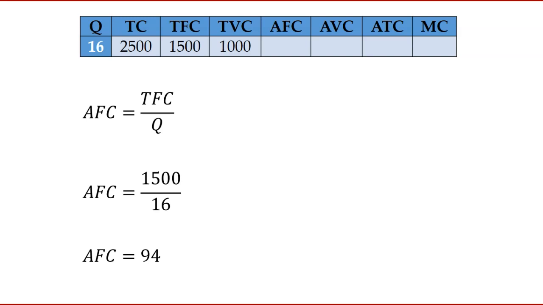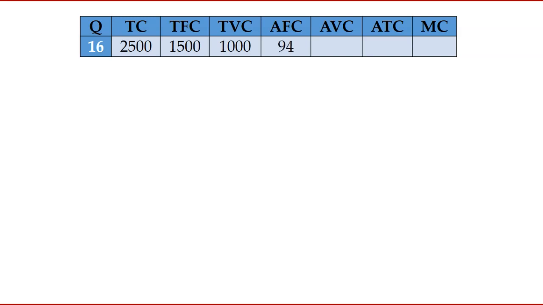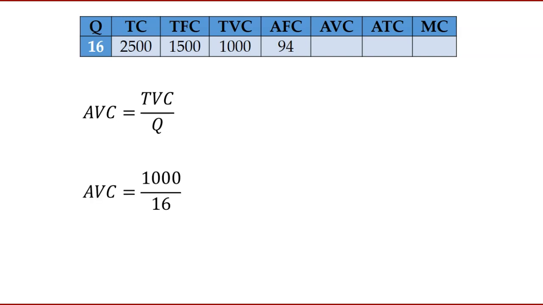It's pretty straightforward. What about the average variable cost? Well, you can probably guess that it's going to be the total variable cost, the total labour and raw materials costs, divided by the output. So in this case, it's 1,000 divided by 16. So the average variable cost is 63. Now we want the average total cost.